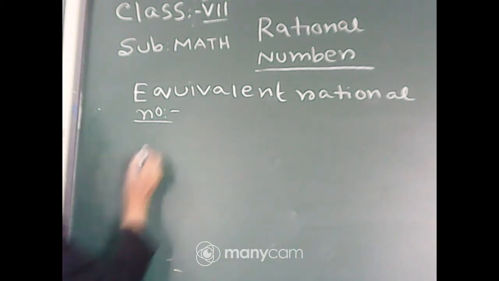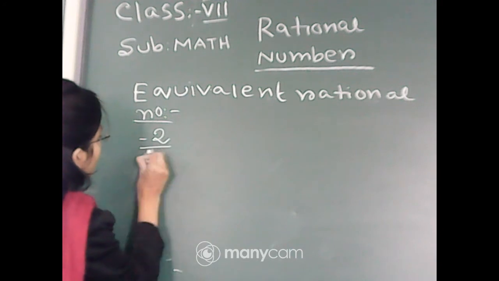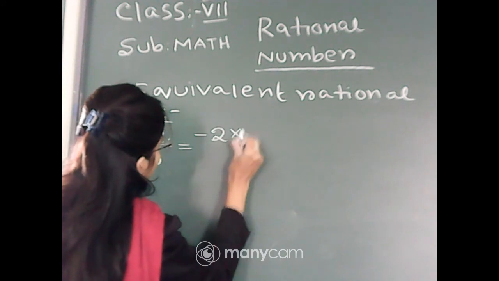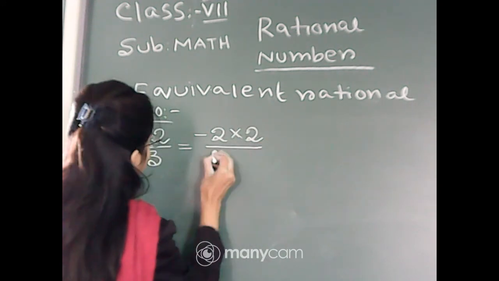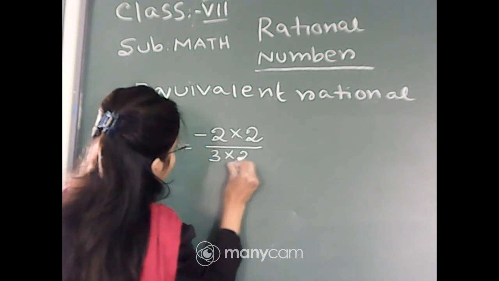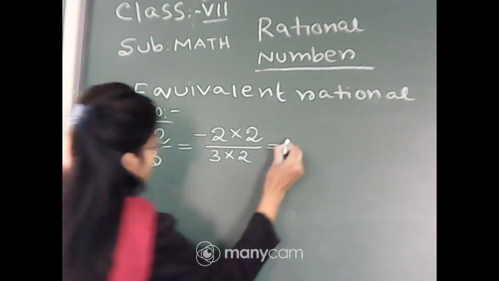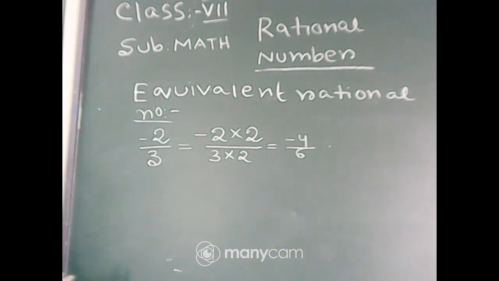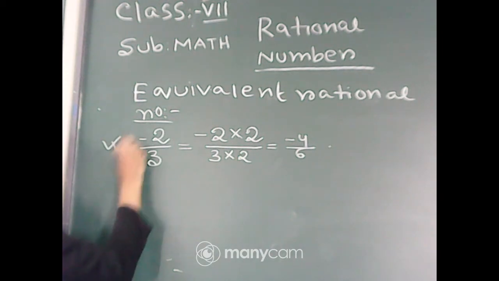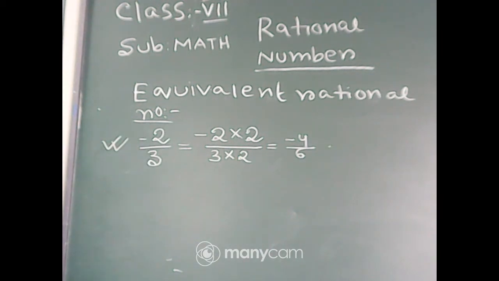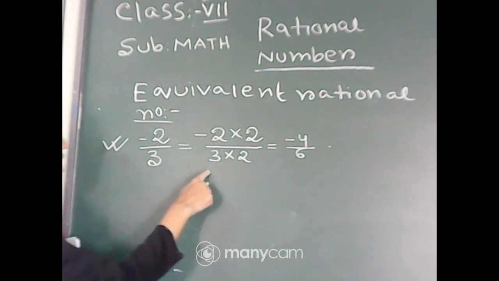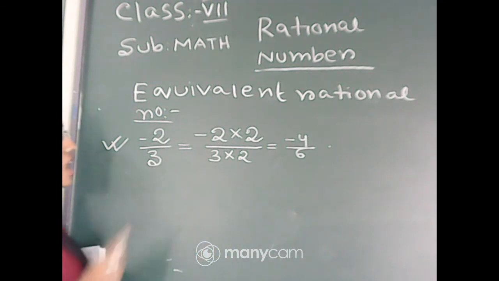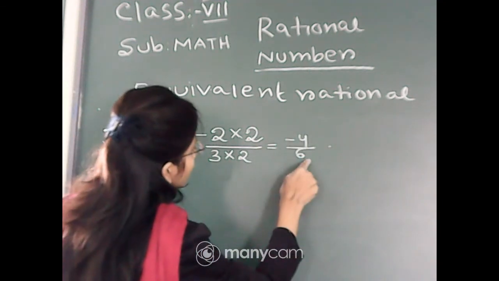For example, -2 divided by 3 is a rational number. Now we multiply both the numerator and the denominator by the same non-zero integer 2, and we get minus 4 divided by 6, isn't it?